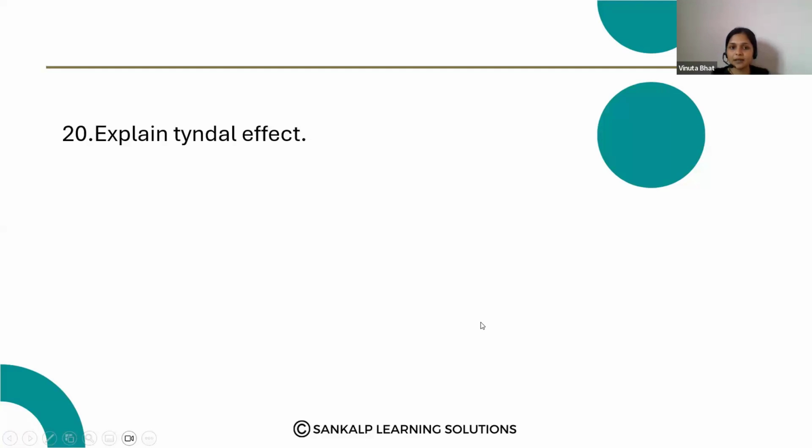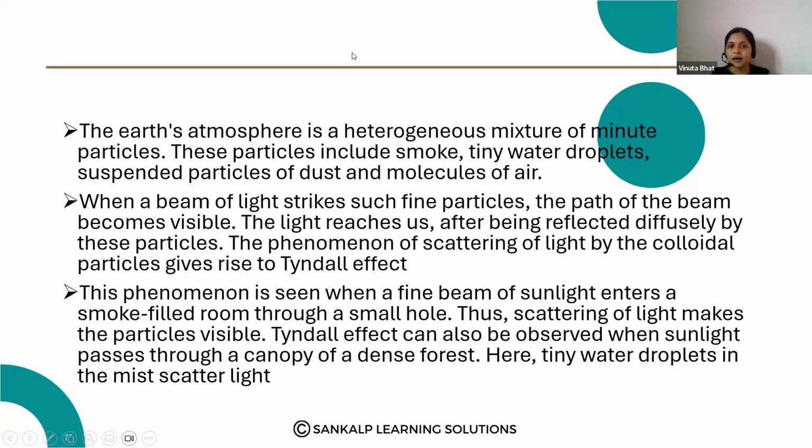Explain the Tyndall effect. Here the same question we have already studied. What is the Tyndall effect, that we have studied, but here you have to explain it. Earth's atmosphere is a heterogeneous mixture of minute particles. These particles include smoke, tiny water droplets, suspended particles of dust, and molecules of air.